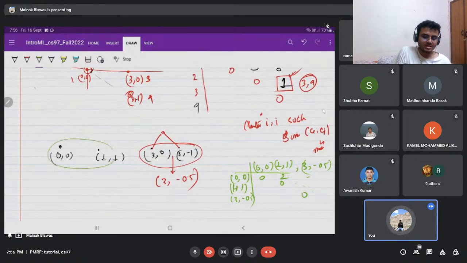So points 1 and 2 will be clustered now. So this is step 1, and this is step 2.